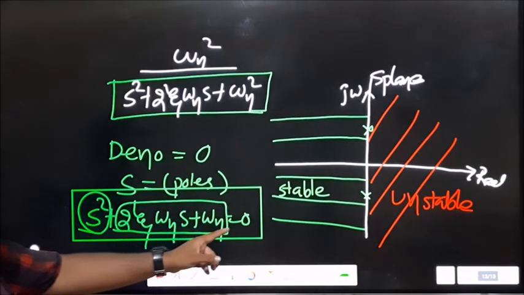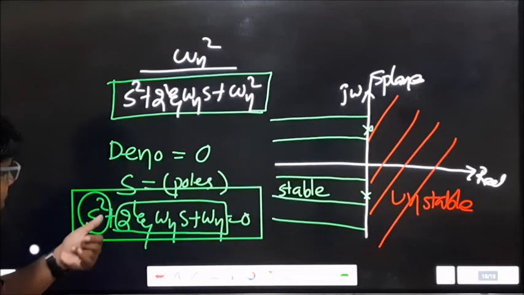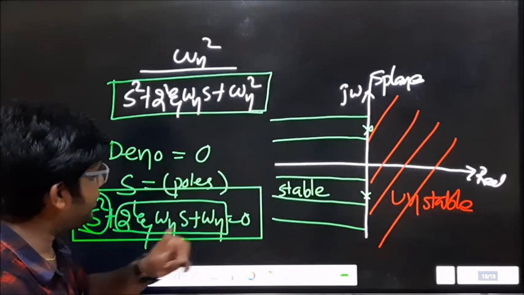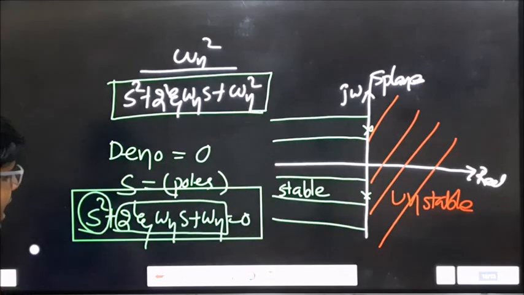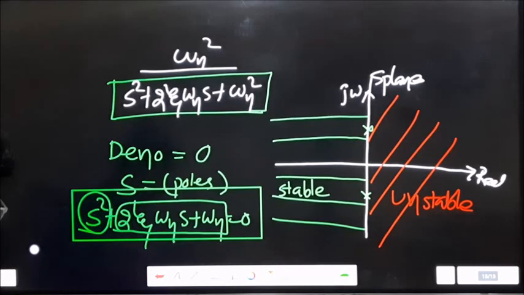After equating to 0, the poles depend upon both zeta and omega n, and as it is a second order system, we have two poles.